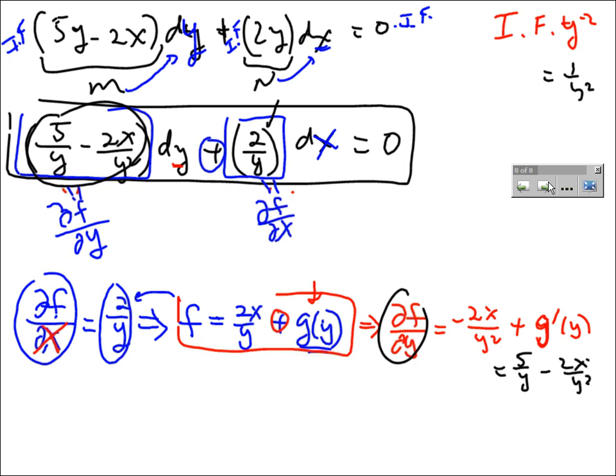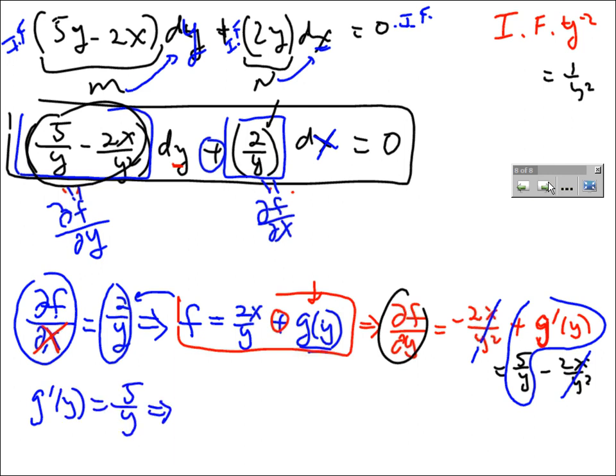Well, look. The minus 2x over y squared cancel. And what survived is this. g prime of y is 5 over y. Integrating, you get g of y is 5 ln of y.